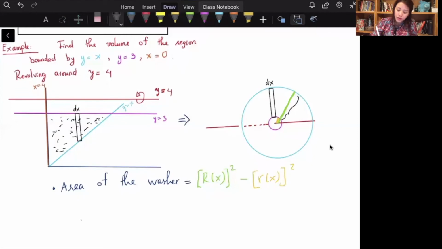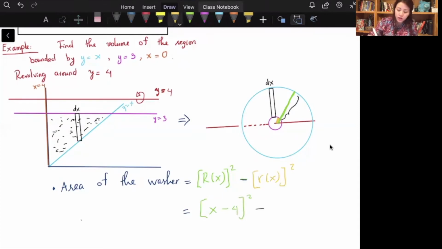So the big R of x is going to be equal to the blue function, which is x, minus the axis of rotation, minus the red, which is 4. And then of course you square that.